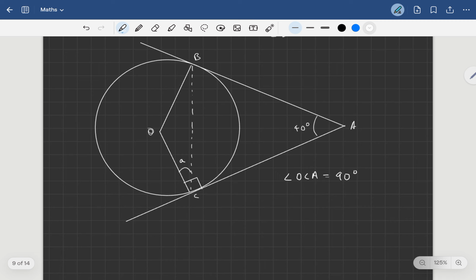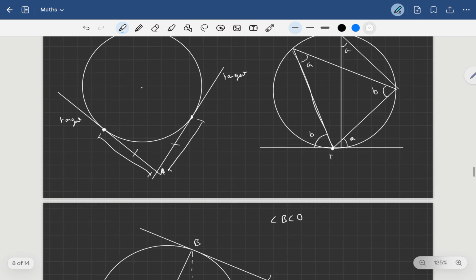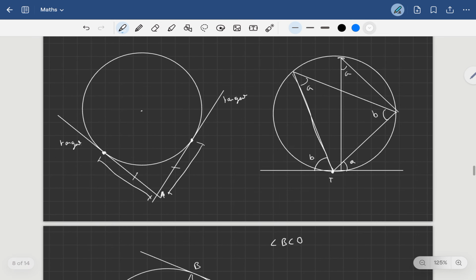Now, we can see that BAC is a triangle, right? We also know that it's a specific type of triangle because we know that BA is equal to CA. So that is equal to that. And we know that BA is equal to CA because of this circle theorem: if we have a common point A where two tangents meet, the distance from A to the point where each tangent hits the circle is the same.